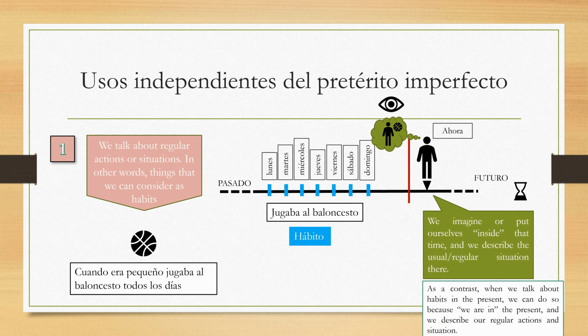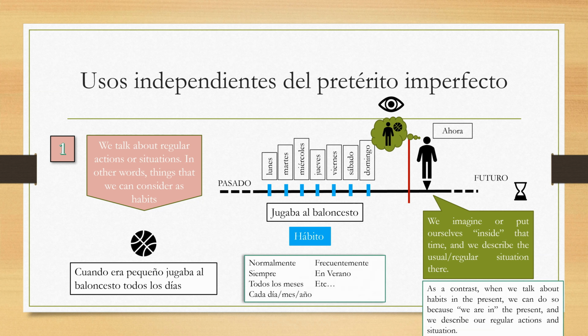As a contrast, remember that when we talk about habits in the present, we can do so because we are in the present, and we describe our regular actions and situations. So it's the same. When we were studying Spanish 1, how to say things like, for example, normalmente tomo café con mis amigos los sábados.